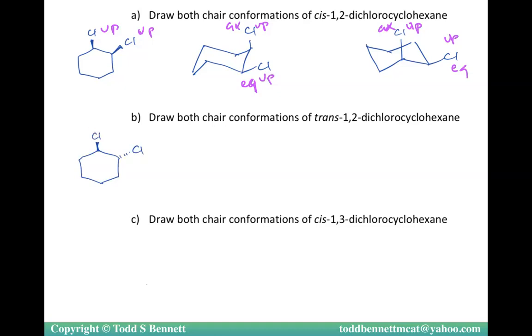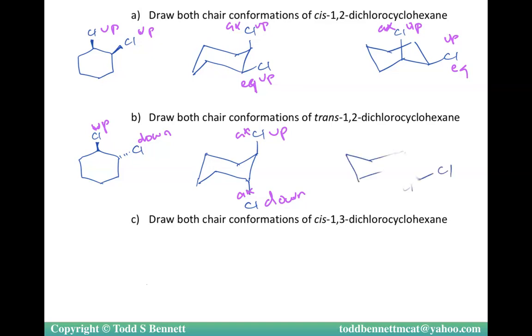We now have an up and a down. In this case, they're both axial. And as we learned with the dimethyl, unfavorable. Chlorine is smaller, so it's going to be unfavorable, not nearly as unfavorable as the dimethyl.